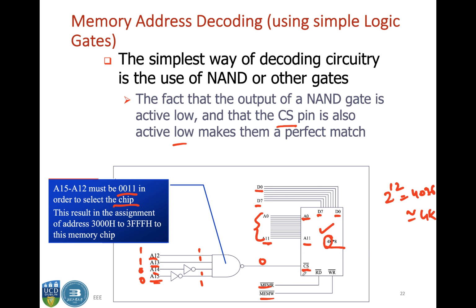And this chip select is active low, so when there is a 0 at the input, this memory will be activated. So what does that mean in principle?